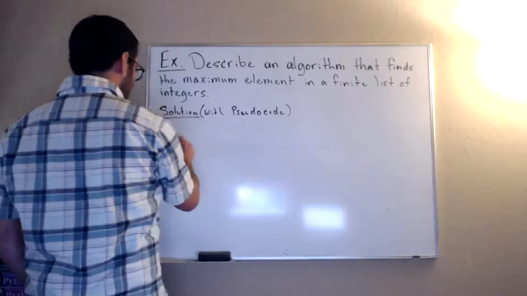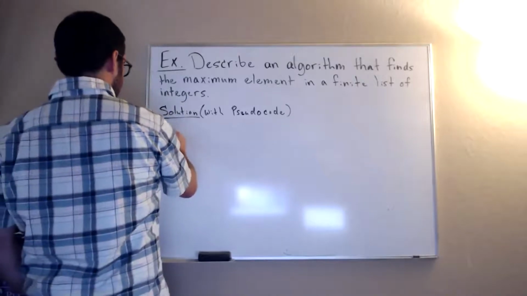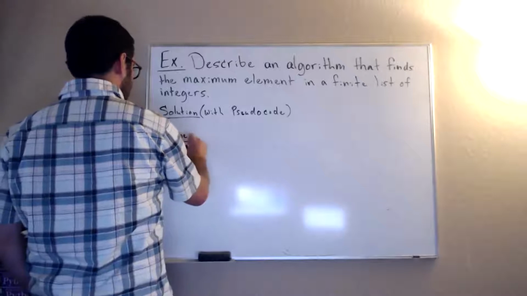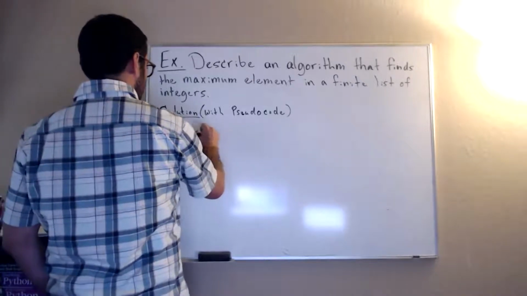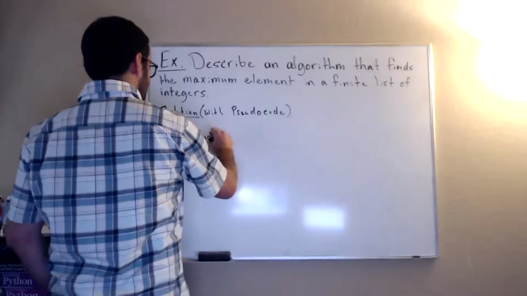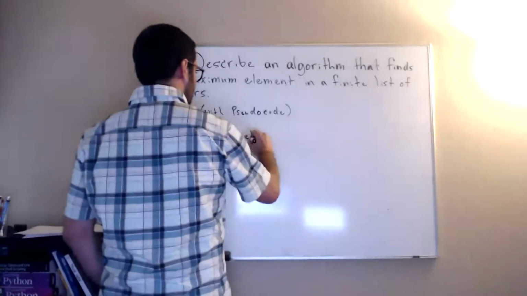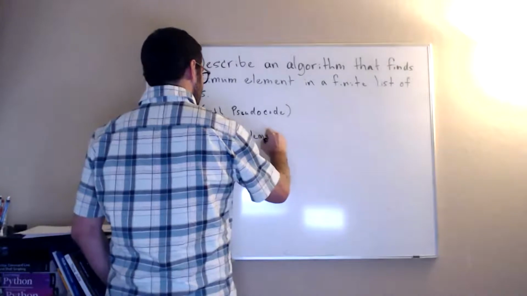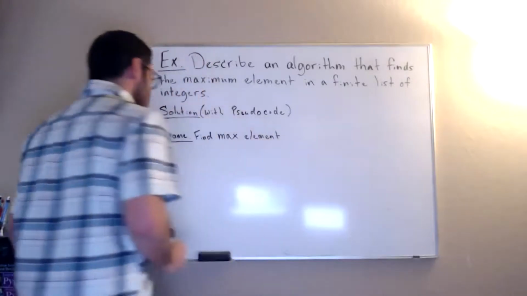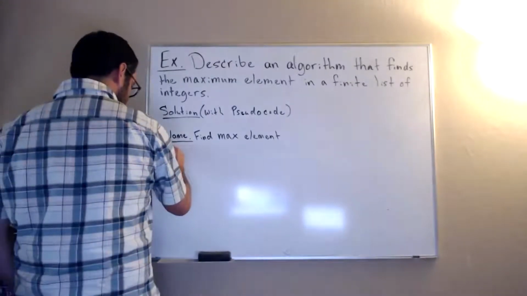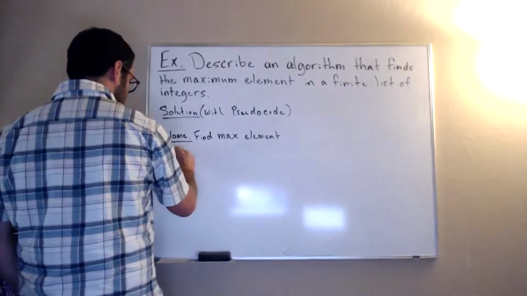So I'm going to start with the name. I'll call it find max element. I'm always going to start with some type of name. And then the next part is going to be my input.